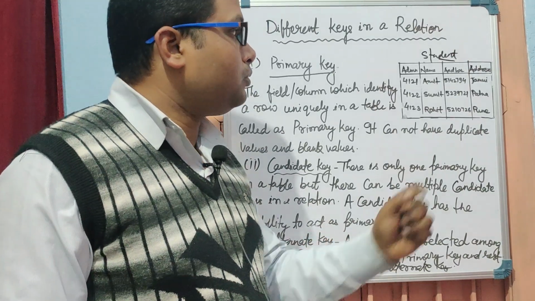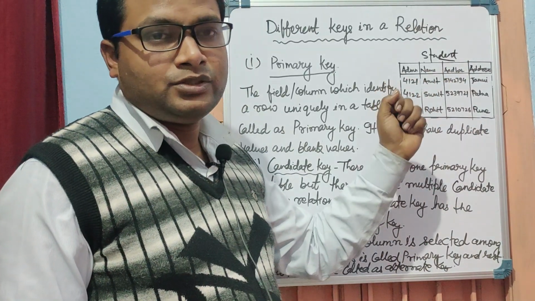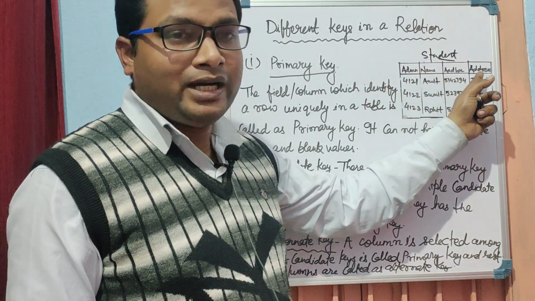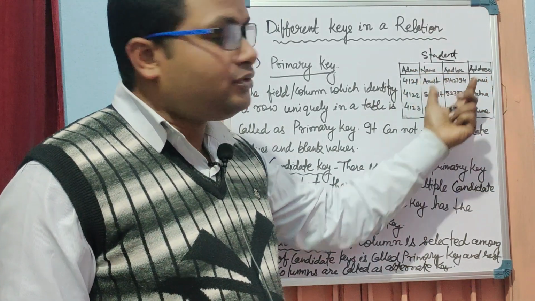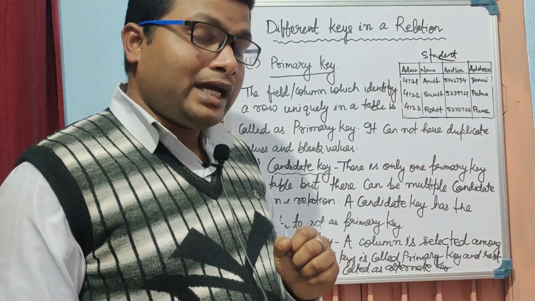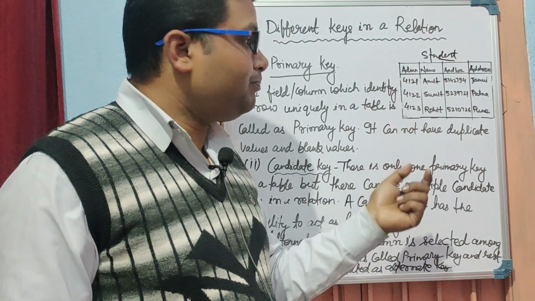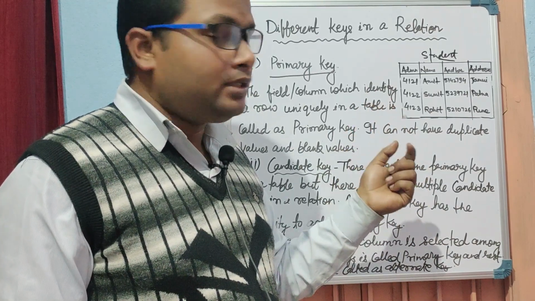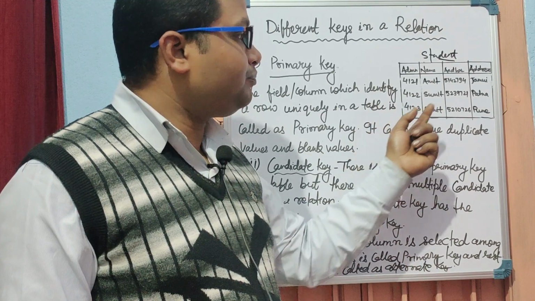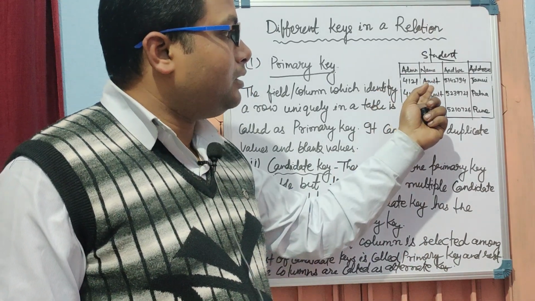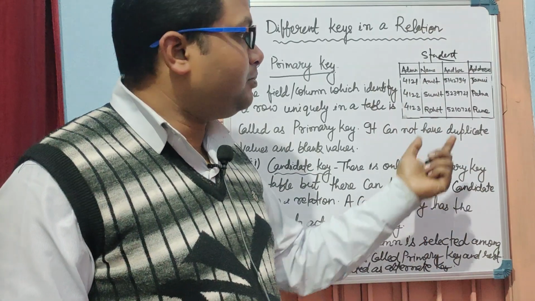Okay, so there are 4 columns in the student table: admission number, name, Aadhaar number, address. Among these 4 columns, admission number can be selected as primary key because admission number cannot be duplicate and cannot be null. But name cannot be selected as primary key because 2 students can have the same name.